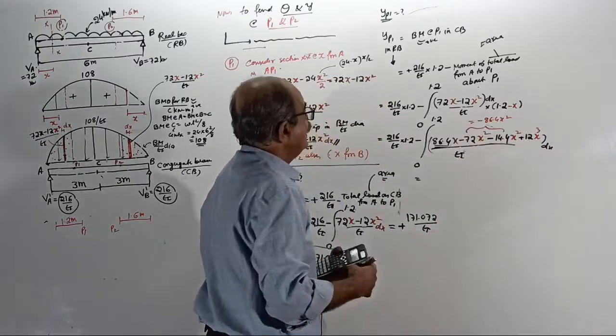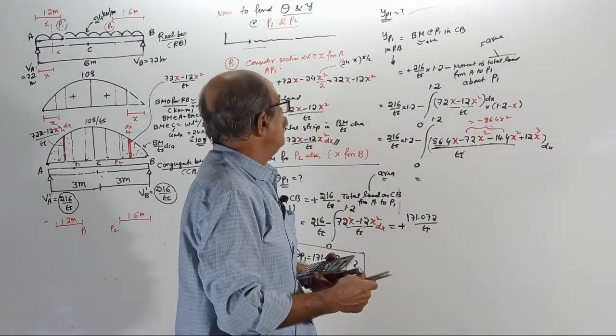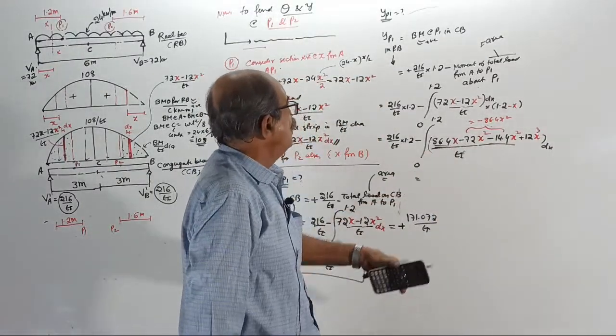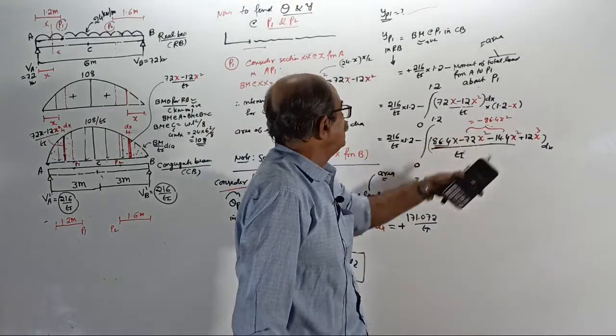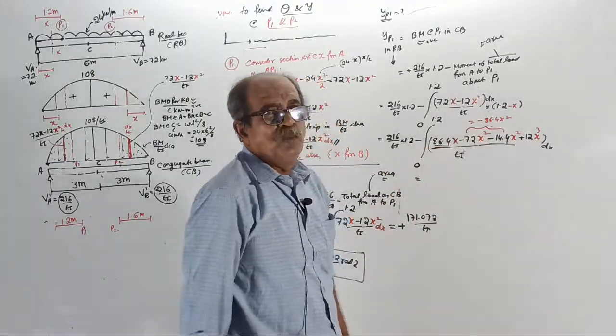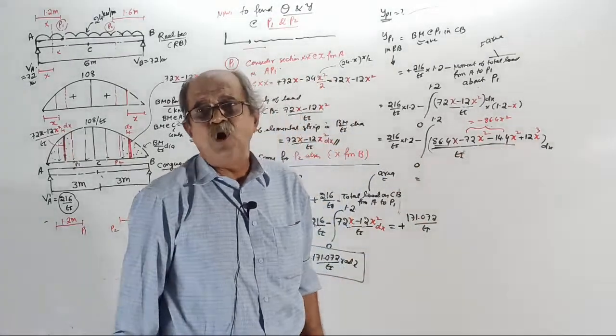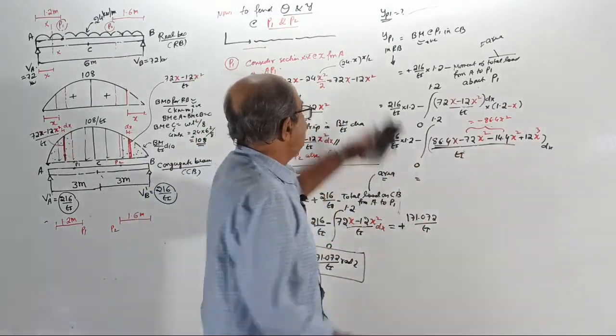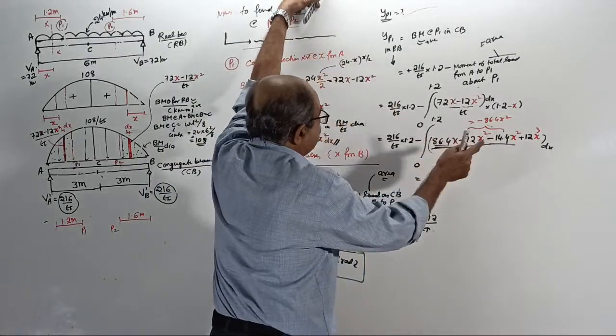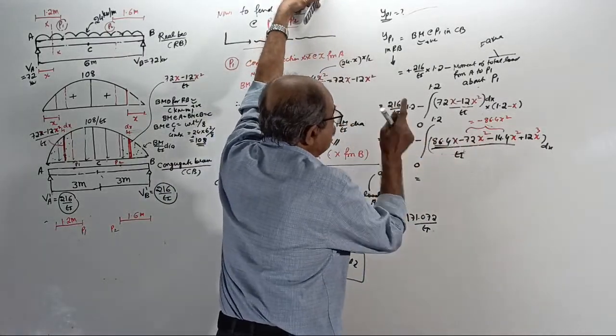Now calculate. 86.4 into 1.2 square by 2 minus 86.4 into 1.2 cube by 3 plus 12 into 1.2 power 4 by 4. That answer subtract from 216 into 1.2.